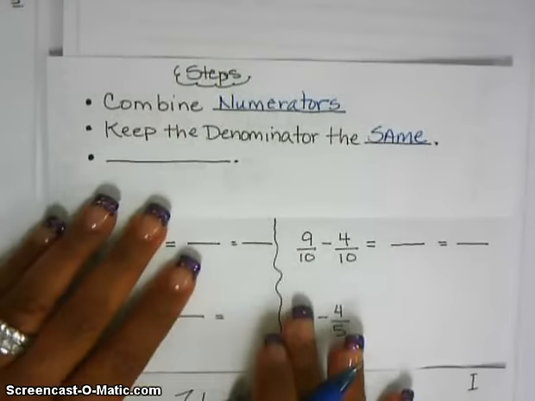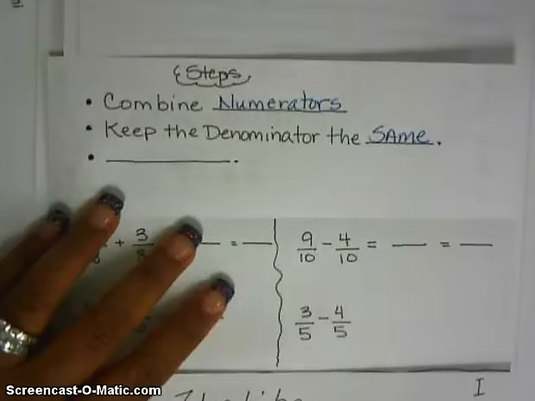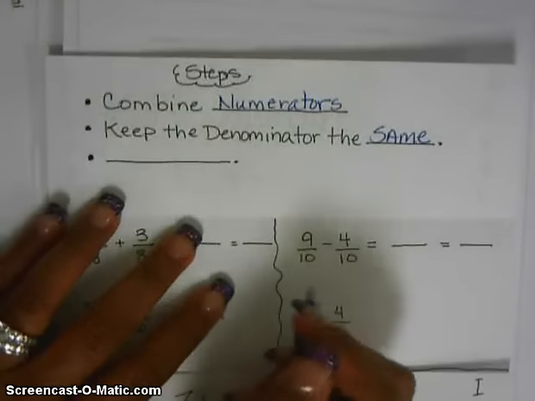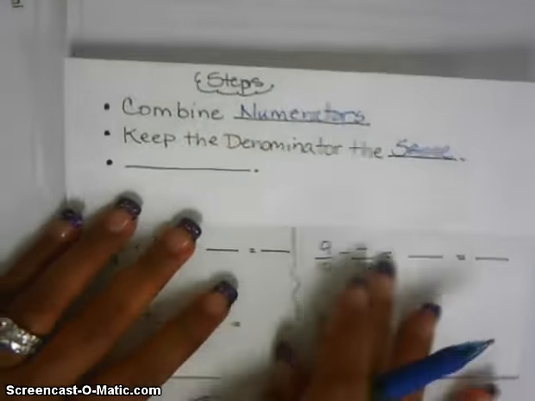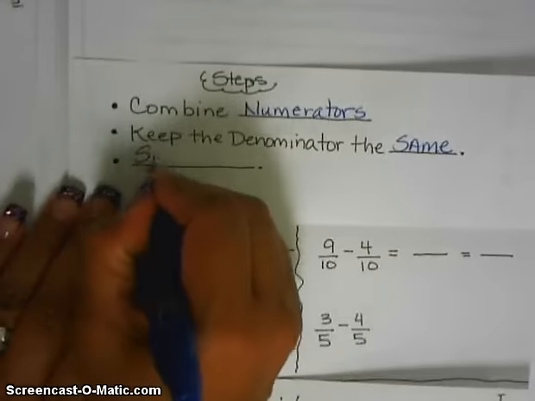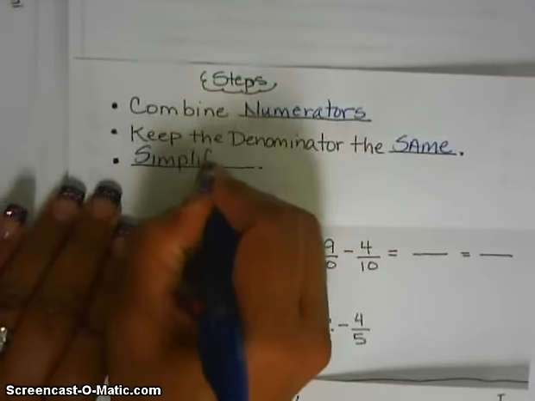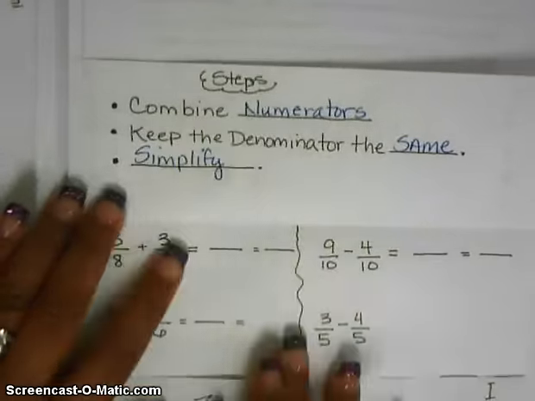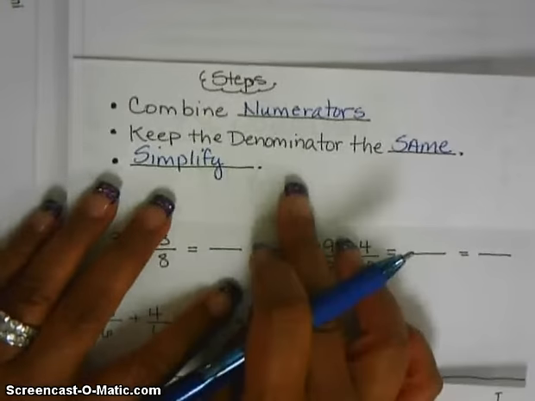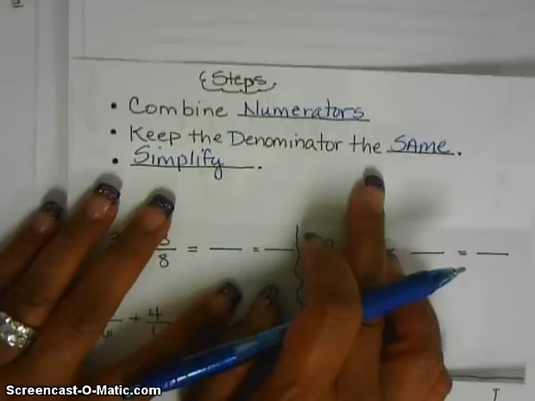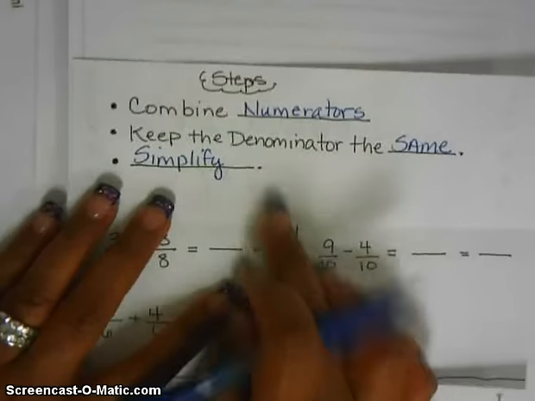Remember, we don't add the denominators. We're talking about the same pieces, and so we do not put them together. And then my last step is to simplify. You always want to simplify your fractions into simplest form. Easy steps, 3 easy steps. We're going to combine the numerators, keep the denominator the same, and simplify.